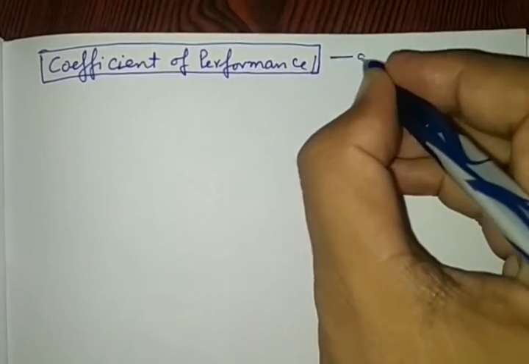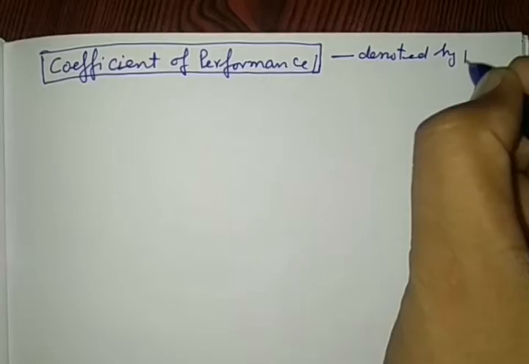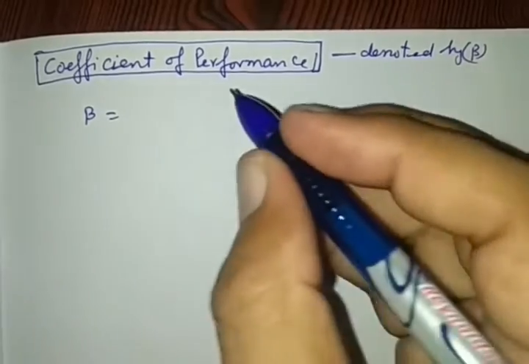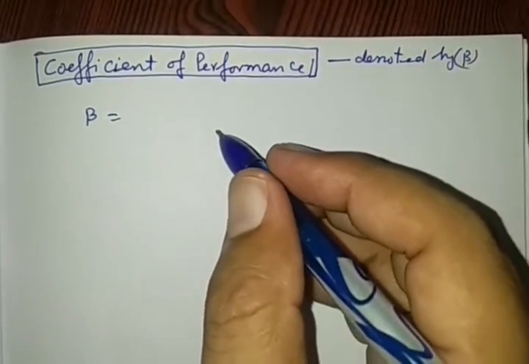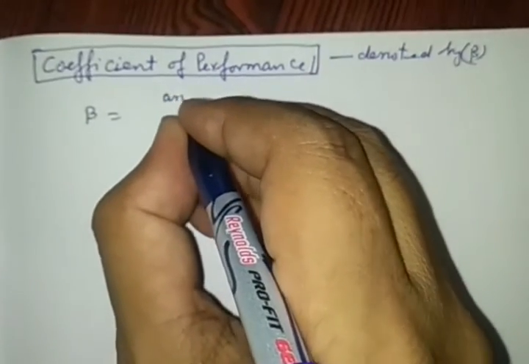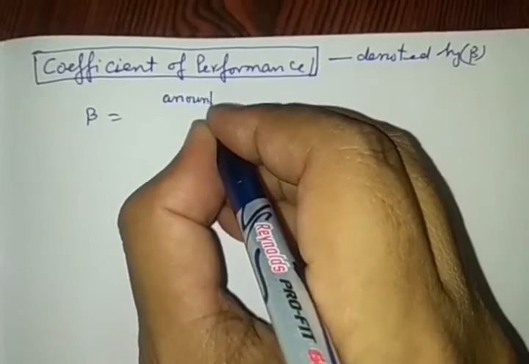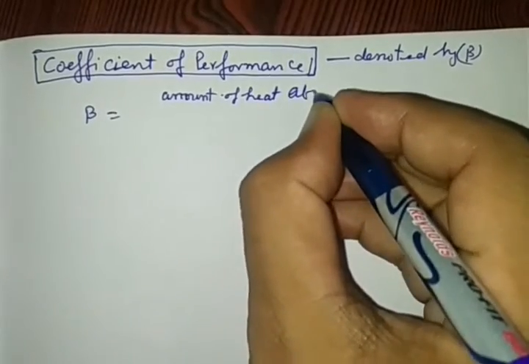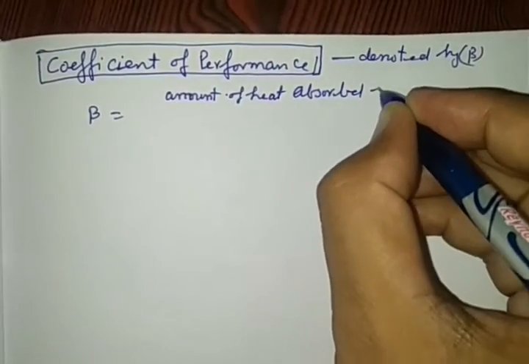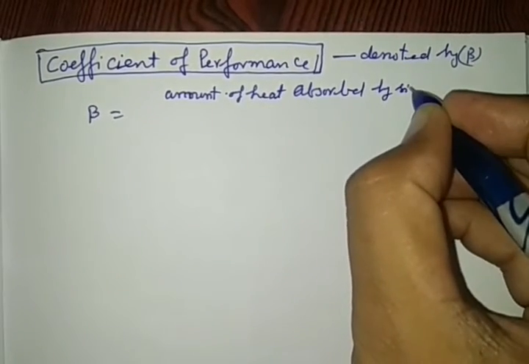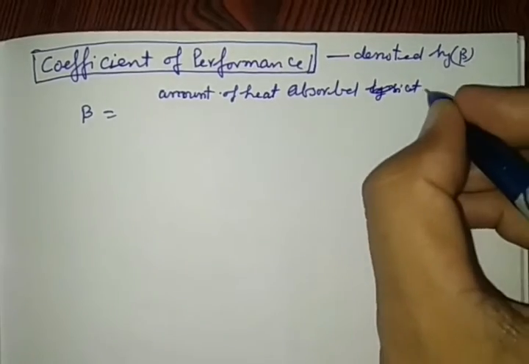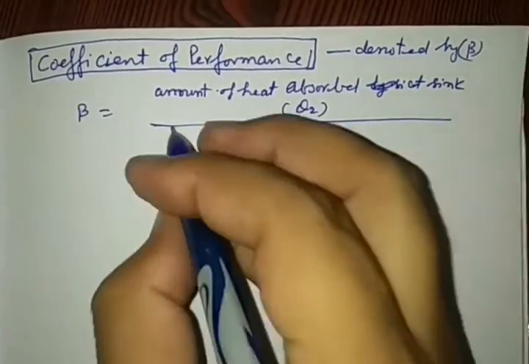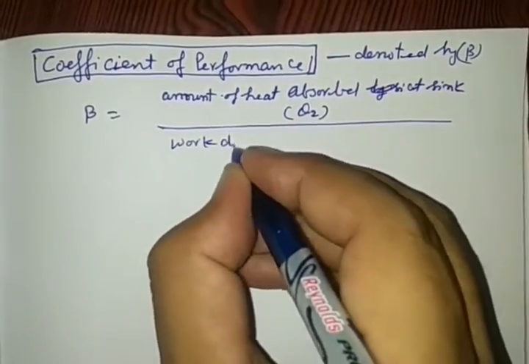This is denoted by beta and it is defined as the ratio of two physical quantities: the amount of heat absorbed at the sink, which is Q2, by the work done.